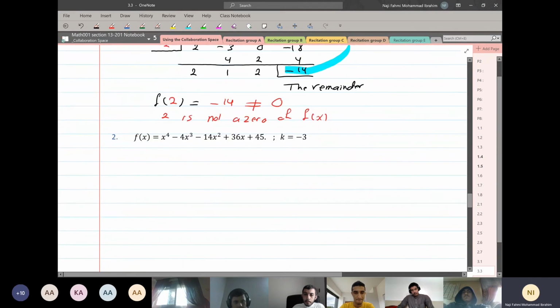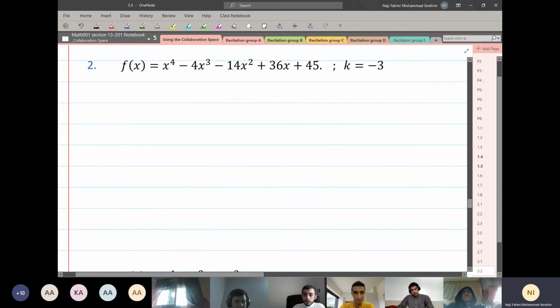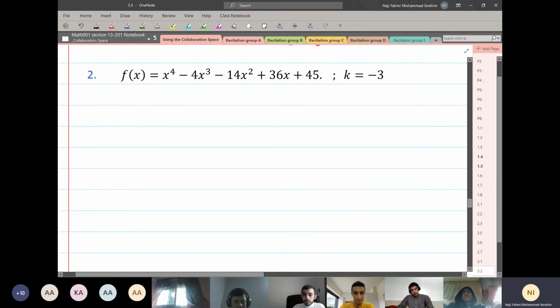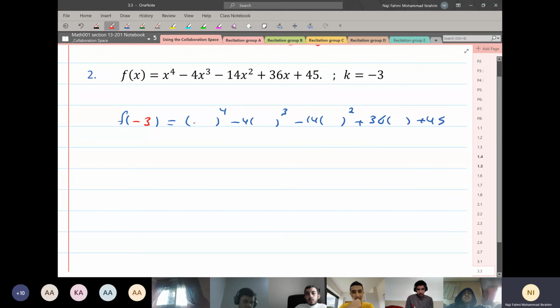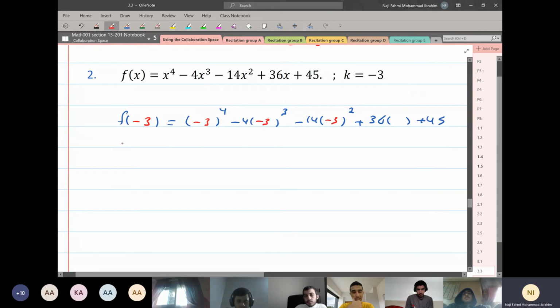Now, guys, let's go to the next example. Here he says, is negative 3 a 0 for this? Again, now we have two methods. The first method is by substitution. How much is f of negative 3? Is it easy to find or hard? Hard. If it's hard, what should we do? We use the division.